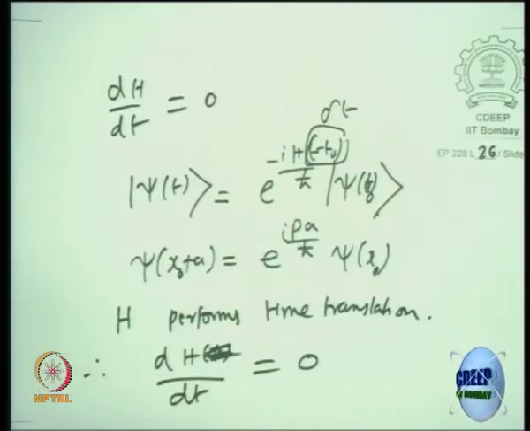So every symmetry, the question is, will it be associated with a generator? Yes for continuous transformation, not for parity. Parity is x goes to minus x. You can't write some generator for it. Some discrete transformation you don't have.